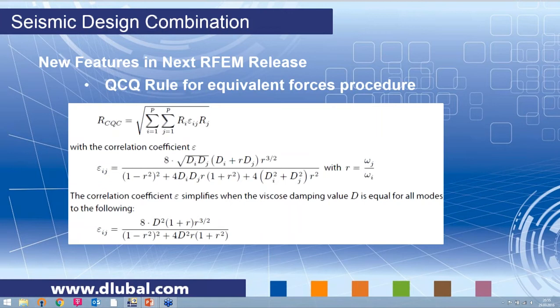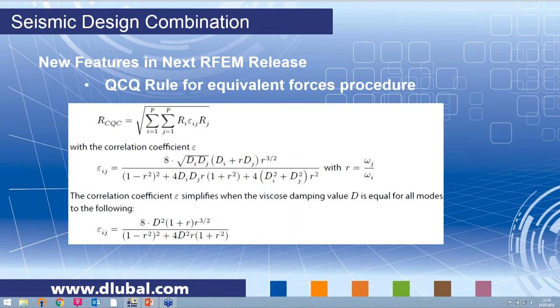Therefore we have two options in the new RF-DYNAM Pro, or in RFEM, of course. The first one is that we can consider this new rule in DYNAM Pro directly, or we can create earthquake load cases manually and use them afterwards in the result combination and choose the CQC rule there.